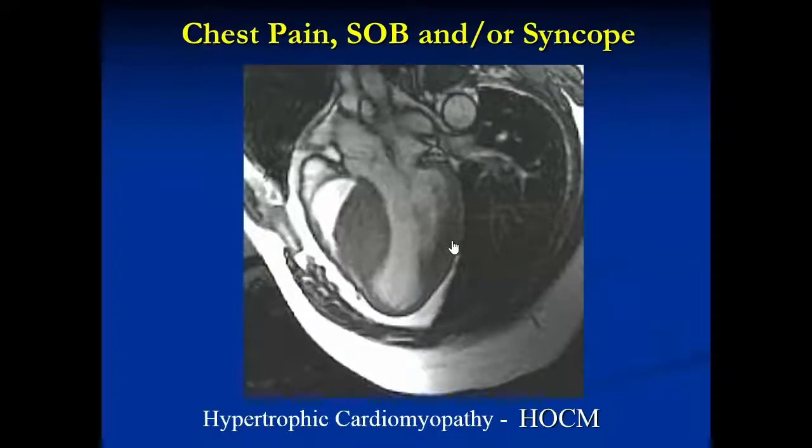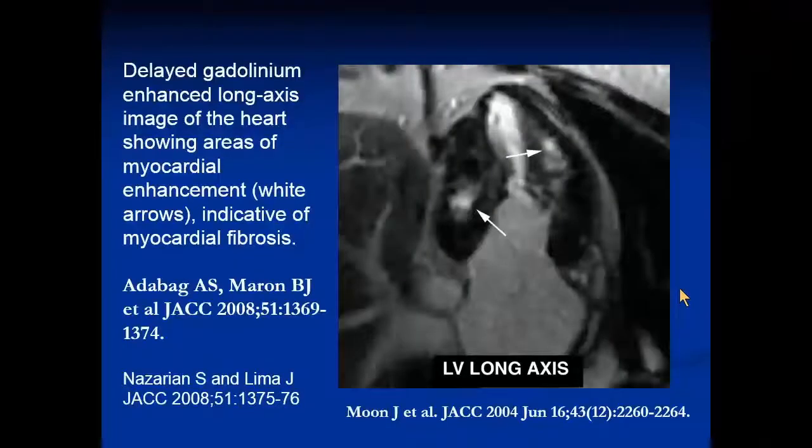It could be homogeneous hypertrophy. It doesn't have to be asymmetric. But I'm presenting to you the most common presentation of this. And the presence of delayed enhancement in these patients does portend a bad prognosis.